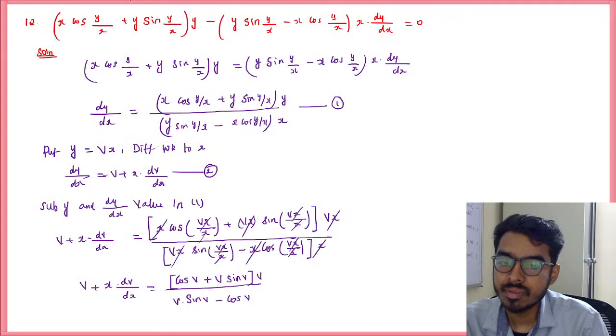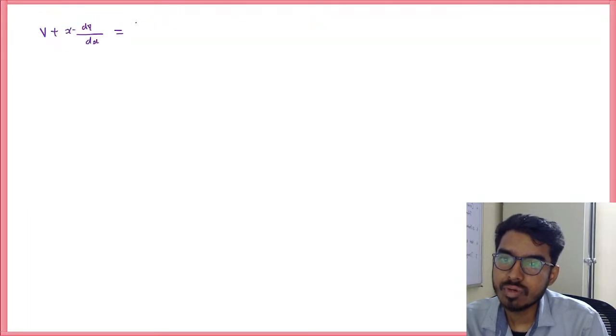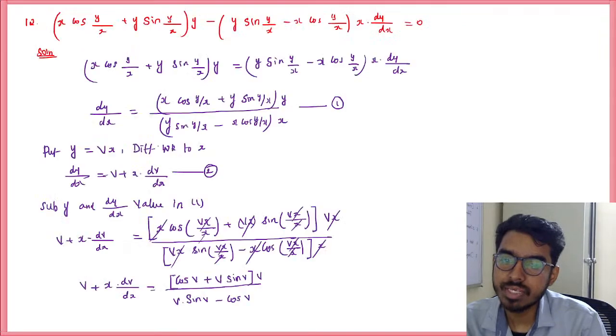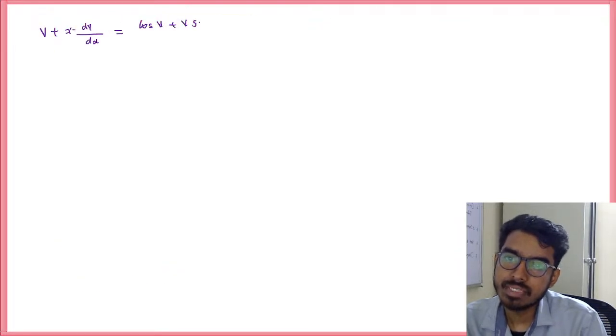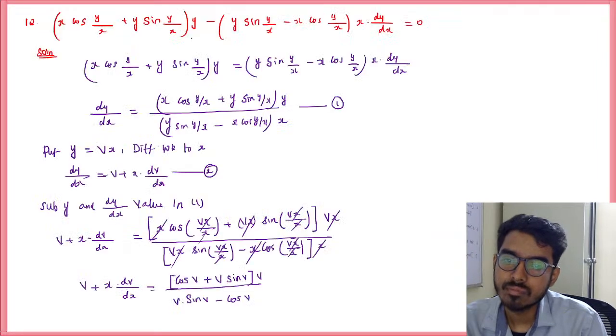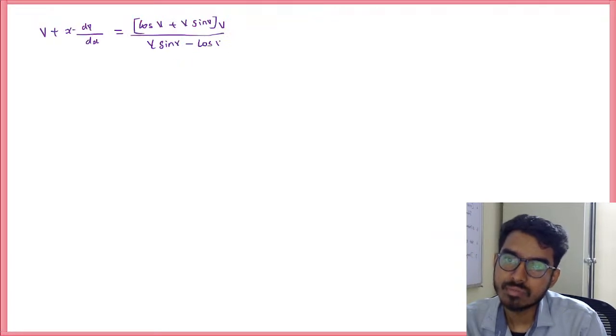So we will have v plus x into dv by dx is equal to cos v plus v sin v into v, divided by v sin v minus cos v.